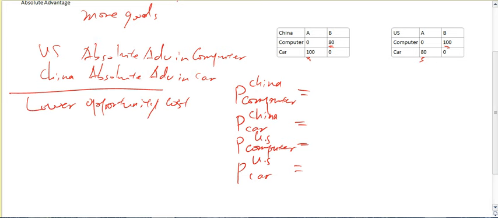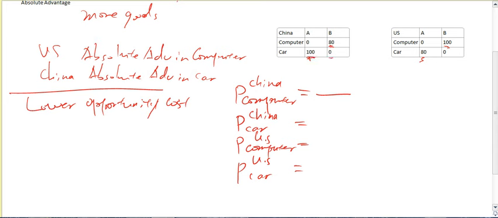For China, for the computer price: when China produces 0 computers, they have 100 cars. When they produce 80 computers, they have 0 cars. So for these two extreme points, every time China produces 80 computers, they lose 100 cars, because the car production lowers from 100 to 0.